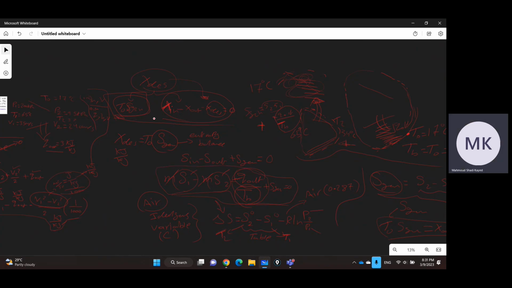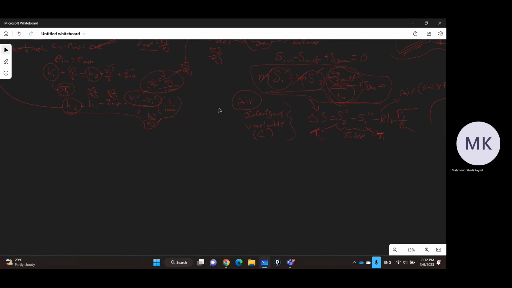So in some cases you will just try to do it using the S generation first. If there was something unknown in the question, or it was difficult, then you try the Exergy balance. But usually it will be good in the entropy balance.